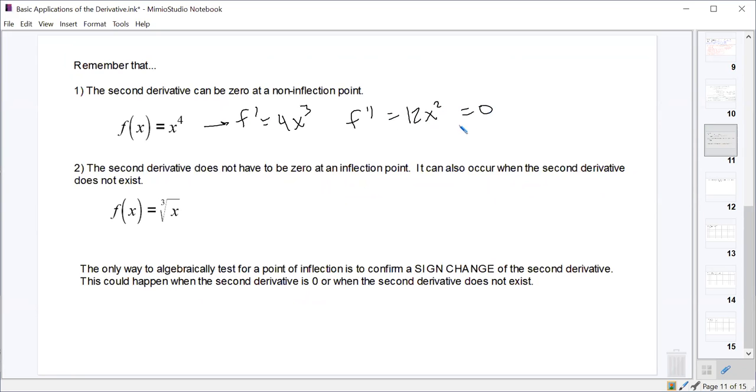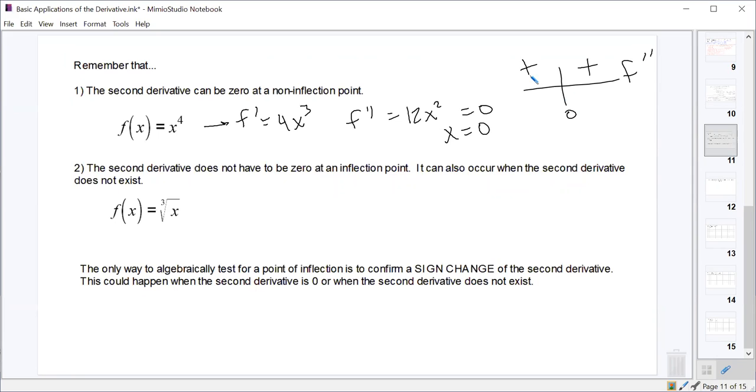Well, that equals 0 at x equals 0. But if you do a sign chart with the second derivative, putting in a positive gives you a positive, and putting in a negative also gives you a positive. There's no sign change. So make sure you check.